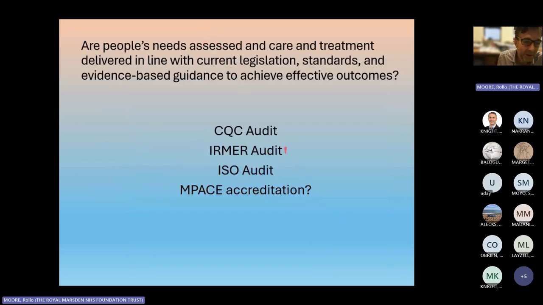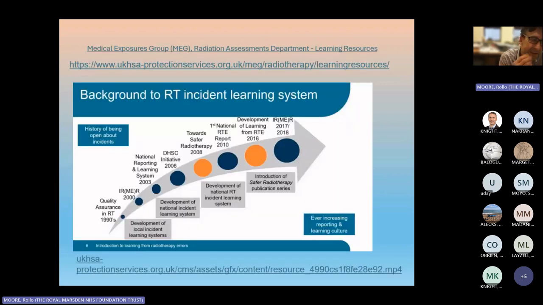These notions of audit and accreditation, I'm sure you guys have come across MPACE and the BS 70,000, but it's basically how do we realistically implement some of these approaches. It's basically about training and competence and demonstration of those two things.